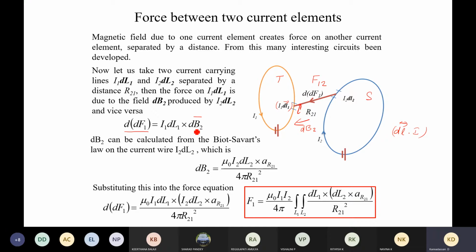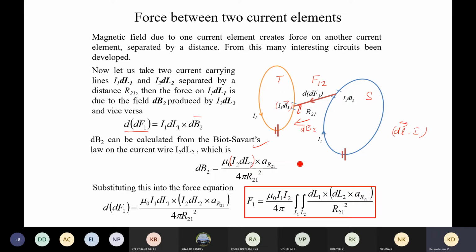Now we have to find what this B2 is. This B2 is nothing but the magnetic flux density induced by this line current, which is very easy to calculate using the Biot-Savart law. The Biot-Savart law says you have to multiply the current element and the R vector, which is the line joining vector.